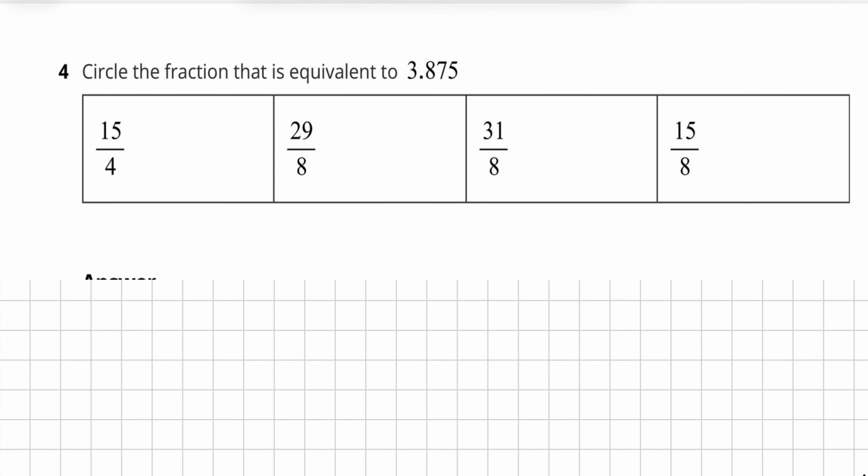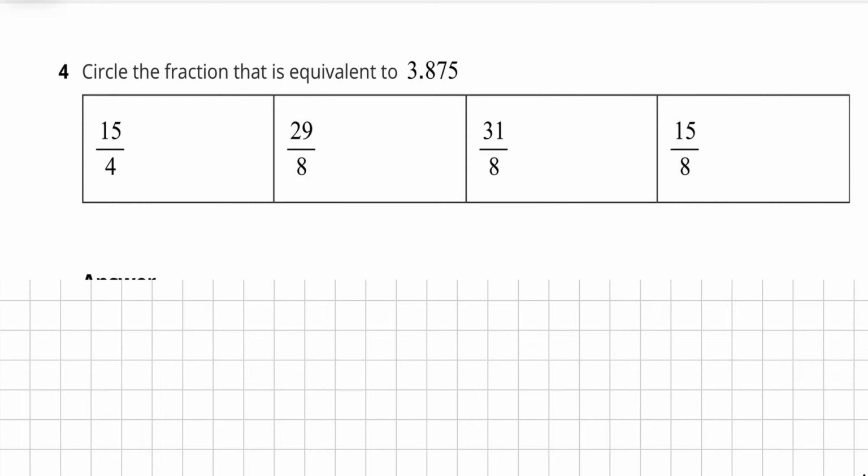Circle the fraction that is equivalent to 3.875. Okay, how can I do this? We have a bunch of improper fractions, and first we need to circle the one equivalent to this.